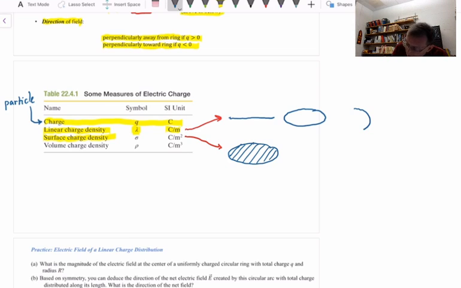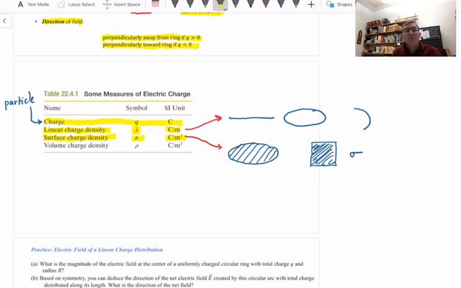So we call that a surface charge density. Or we might have a surface shaped like a square with charge spread out all over it. So in that case, we have a charge per unit area, or a surface charge density. And that has a different symbol, the Greek letter sigma, a lowercase sigma, and it has SI unit of coulomb per meter squared.